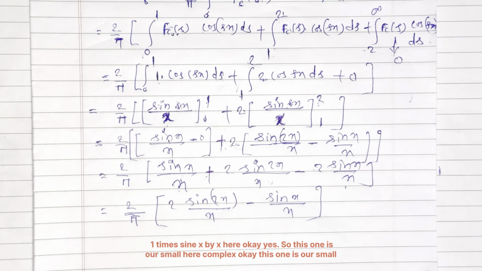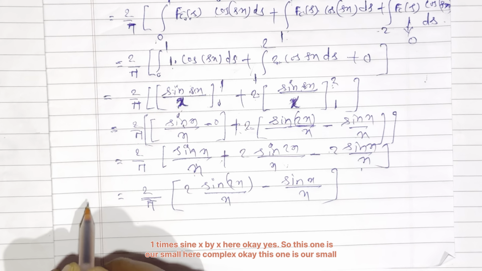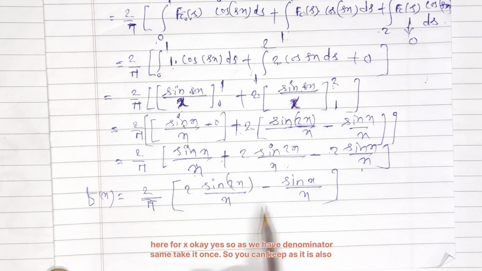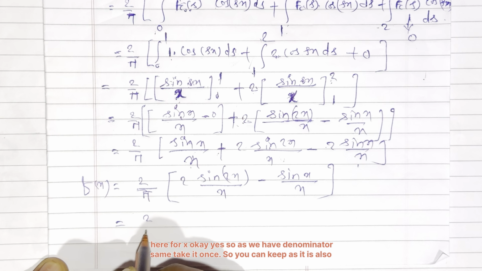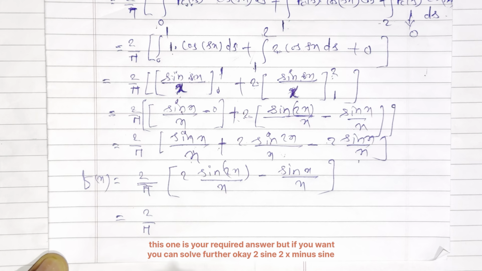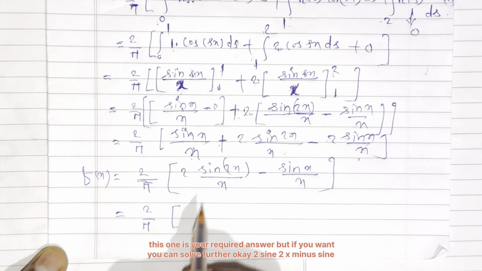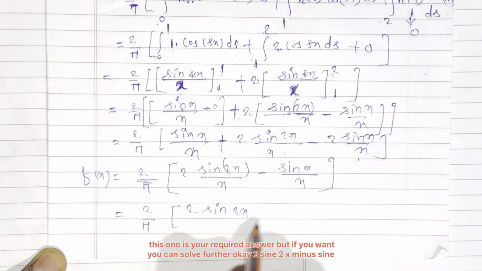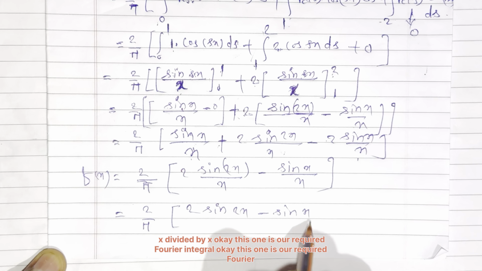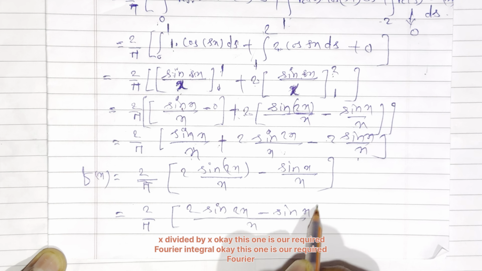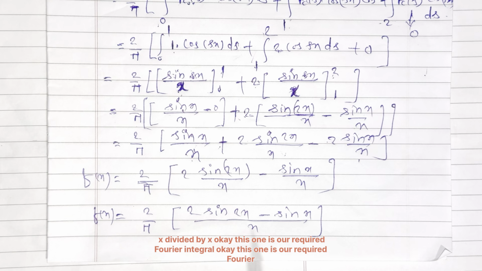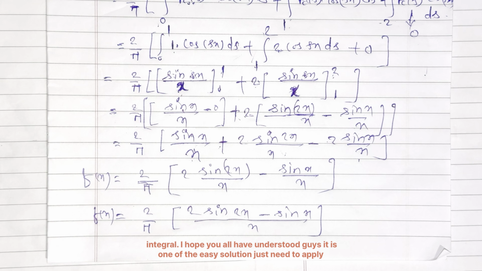So this one is our small f of x. As we have the same denominator, take it once, or you can keep it as it is also. This one is your required answer, but if you want you can solve further. 2 sine 2x minus sine x divided by x. This one is our required Fourier integral.